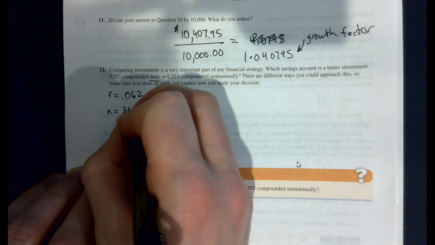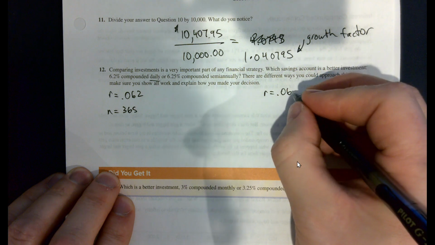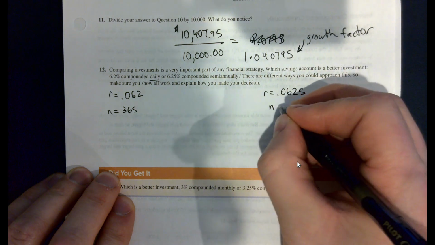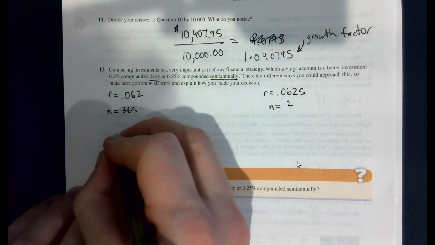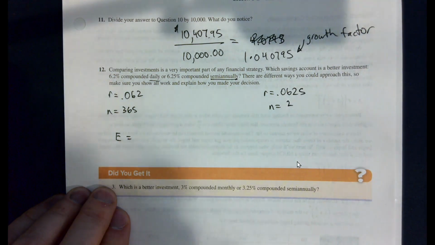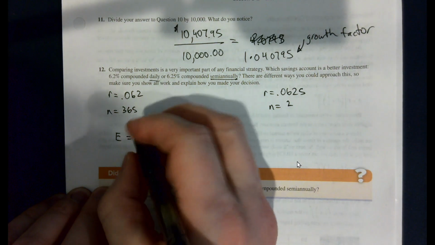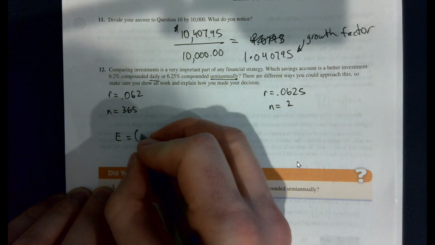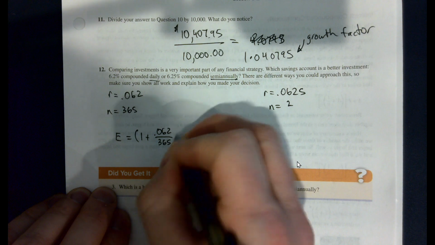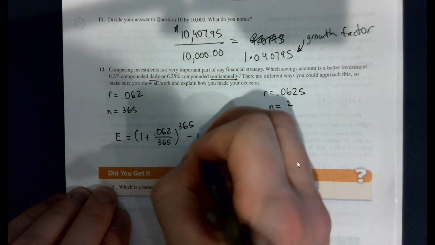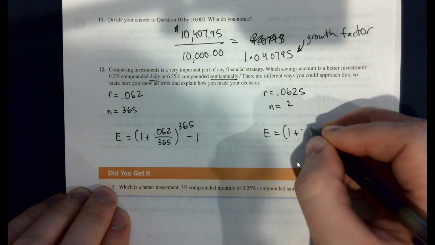Notice that's 365 for our N. And my other interest rate is 0.0625 compounded semi-annually. This means twice per year. So the effective rate, meaning the equivalent compounded annually or an equivalent simple interest rate for a 1 year period, is 1 plus 0.062 divided by 365, raised to 365 minus 1, and then the equivalent for this one.